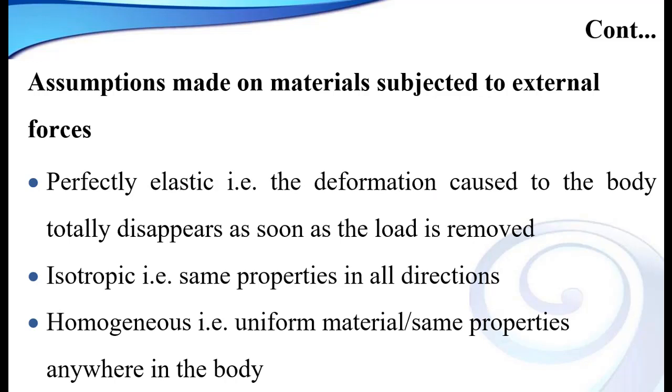There are assumptions made on a material subjected to external forces. These are the properties that a material should have for it to obey the Hooke's law. The material should be perfectly elastic, the material should be isotropic, and the material should be homogeneous.